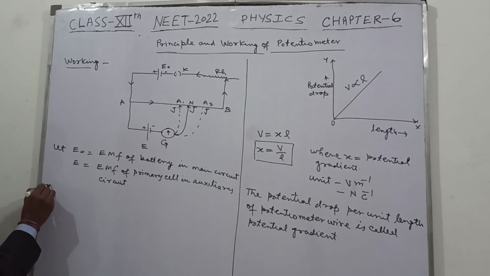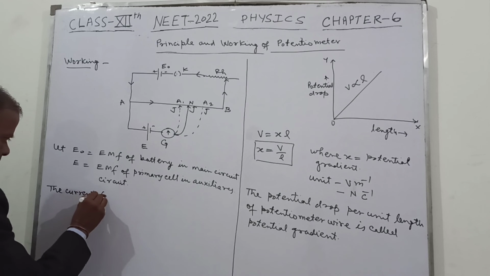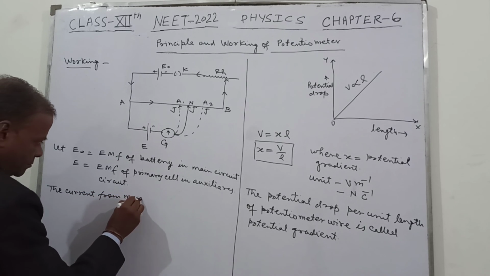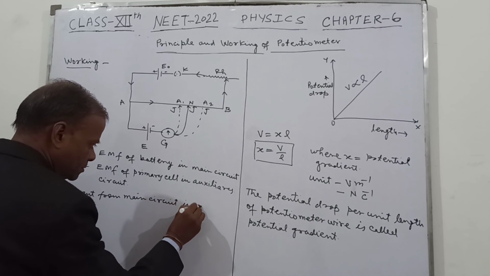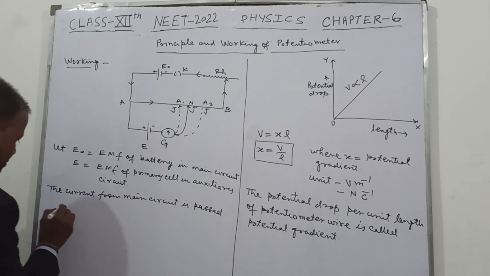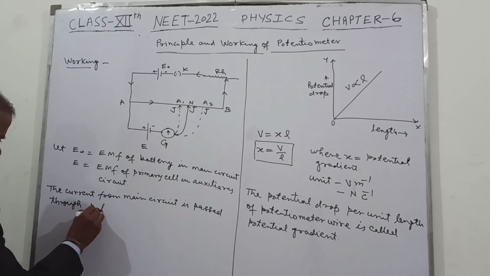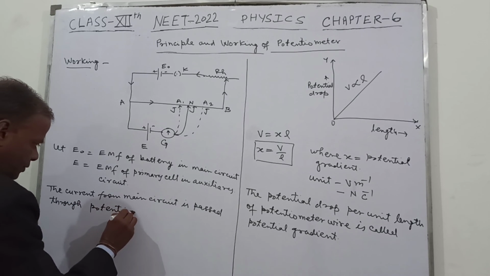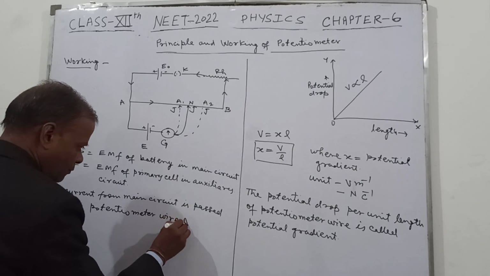Let the current from the main circuit be passed through the potentiometer wire AB.